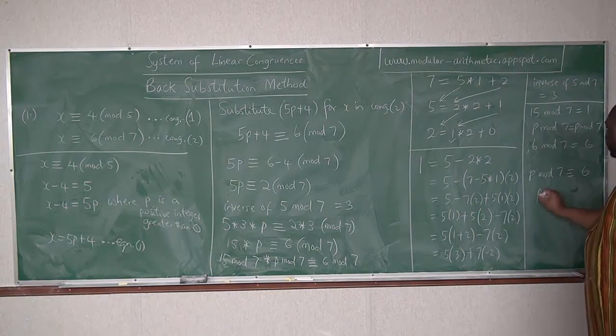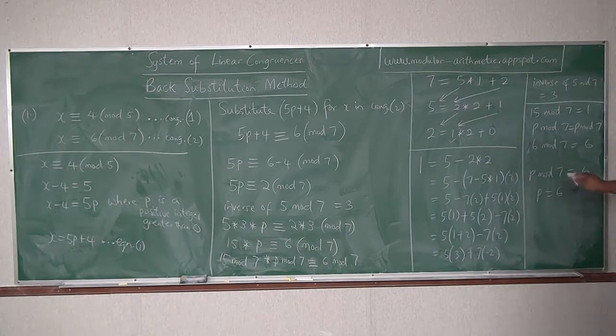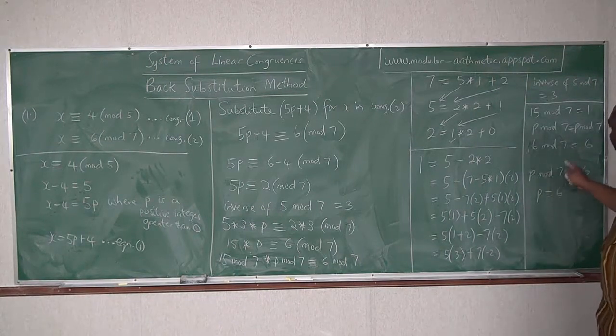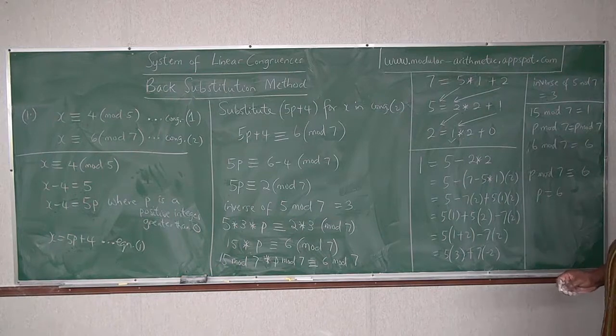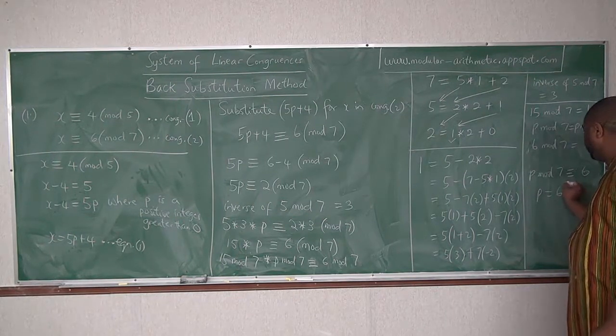So p is 6, because 6 mod 7 is 6. So our p is 6. Now we found our p.